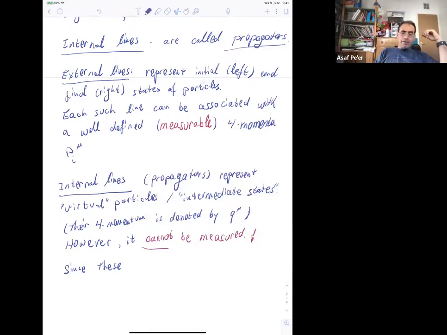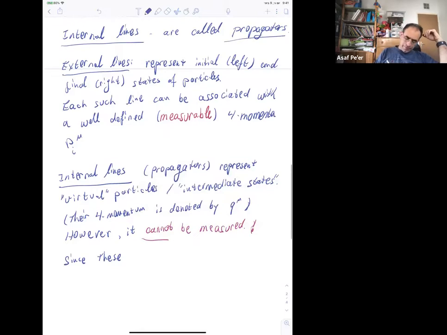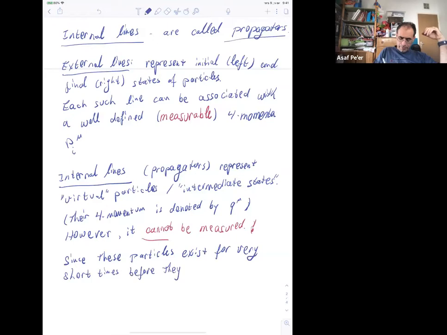Since these particles exist for a very short time before being destroyed, again, it's not clear if you can say that these particles exist at all.